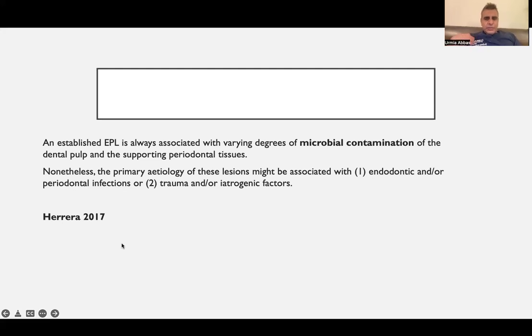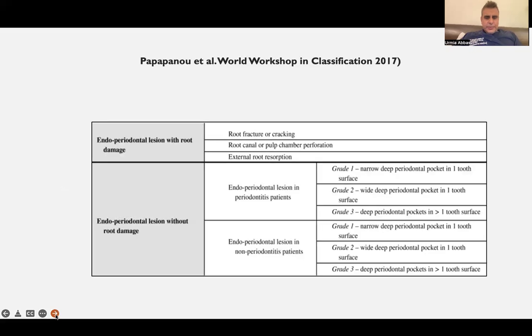So they said that there are a lot of microbes together, and they can be seen in both the pulp and the periodontal disease, and these infections would progress the disease.